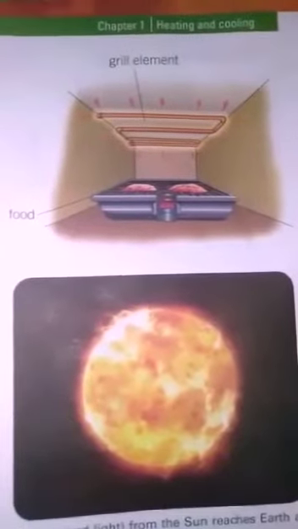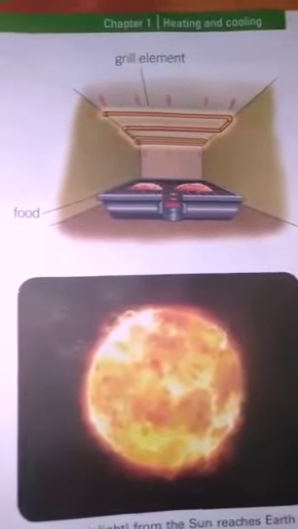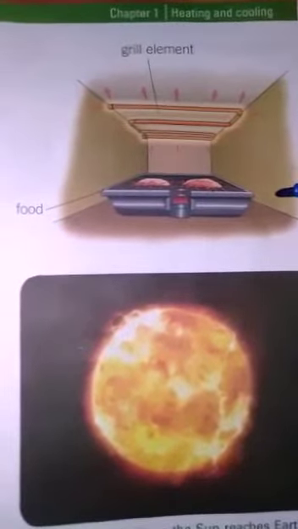This is radiation. Radiation is the mode of transfer of heat from one place to another in the form of waves called electromagnetic waves. The heat travels as tiny electromagnetic waves called infrared waves and cooks the food.